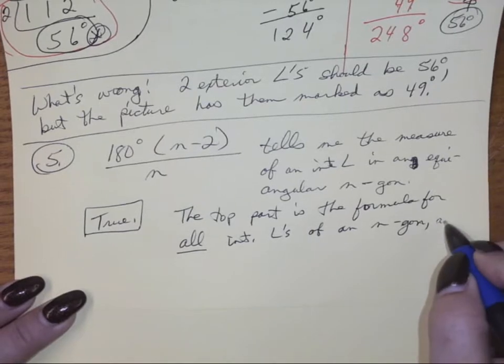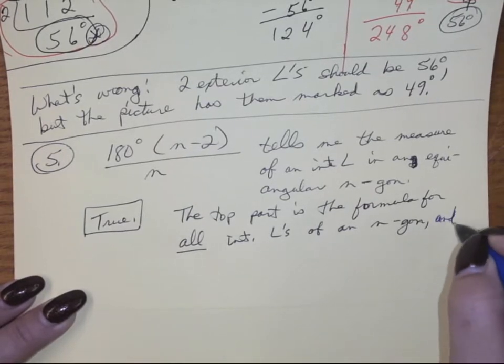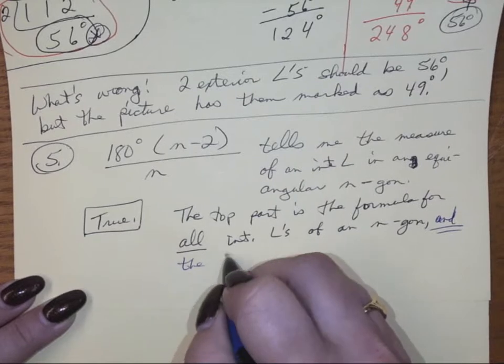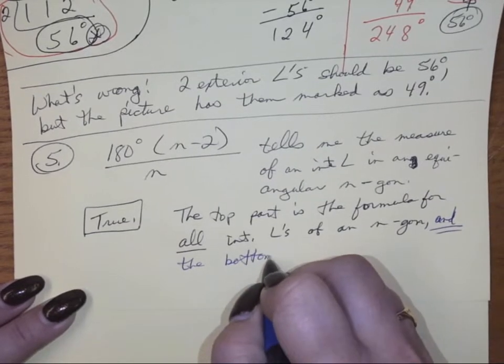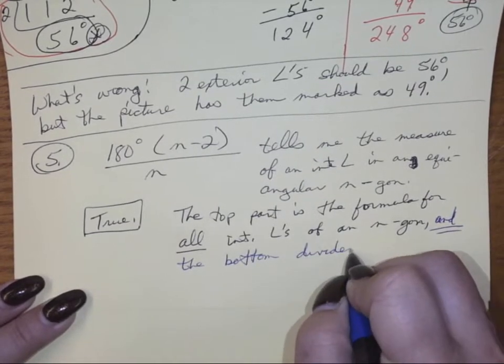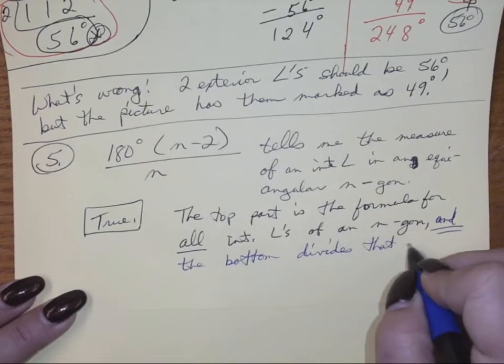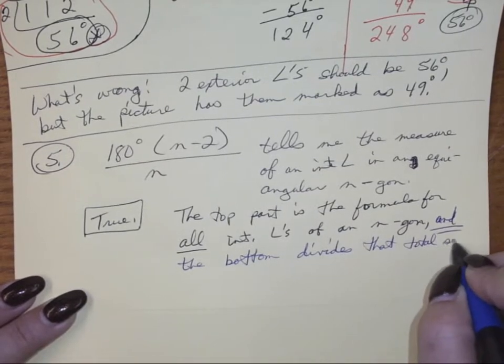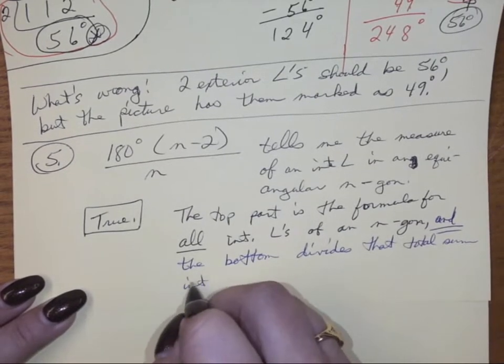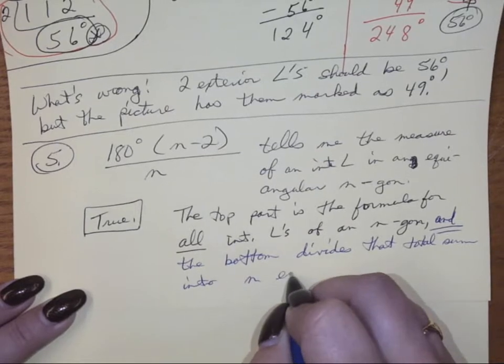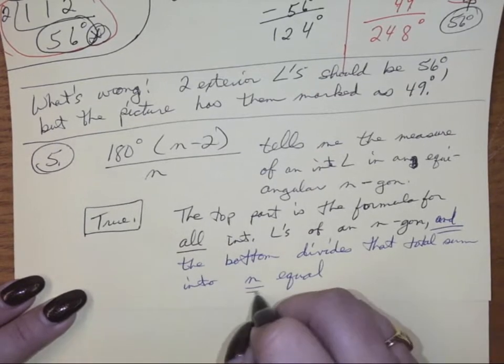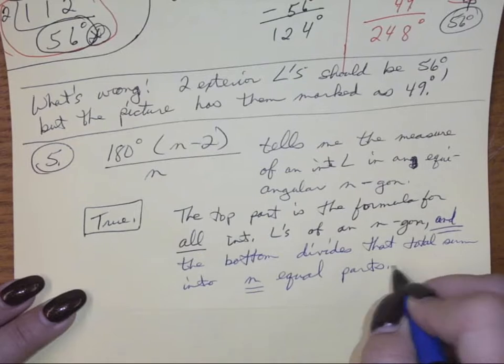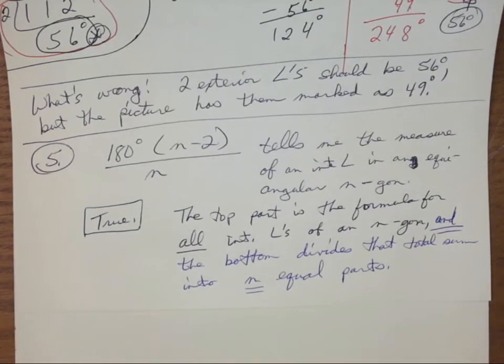And the bottom divides that total sum into n equal parts. Okay, and that's what it means to be equiangular, right?